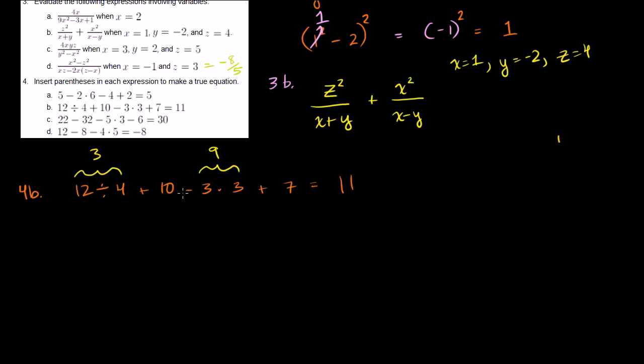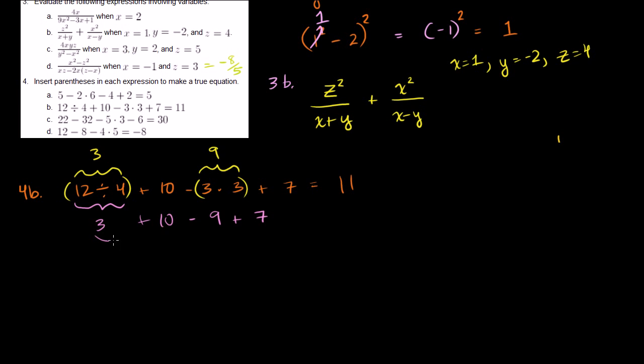Actually, that seems right. Let me make sure I did that right. 3 plus 10, right, that looks right. So we really just have to do regular order of operations. So it already looks like a true equation. Let me confirm, make sure I'm not making a mistake. 12 divided by 4 is 3, plus 10, minus 3 times 3 is 9, plus 7.